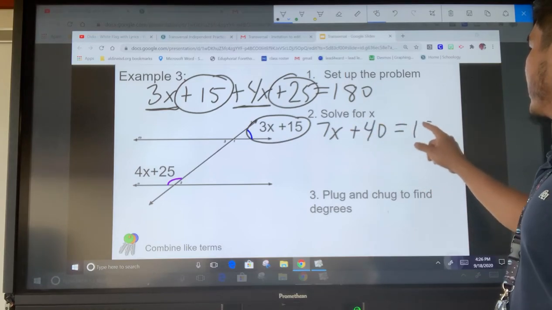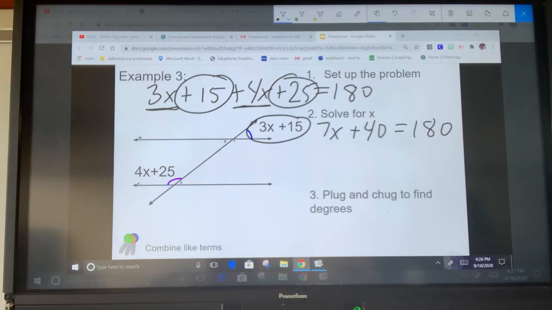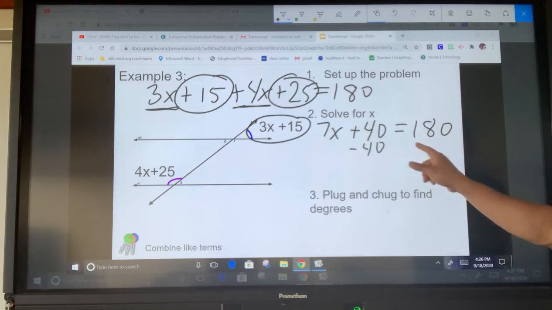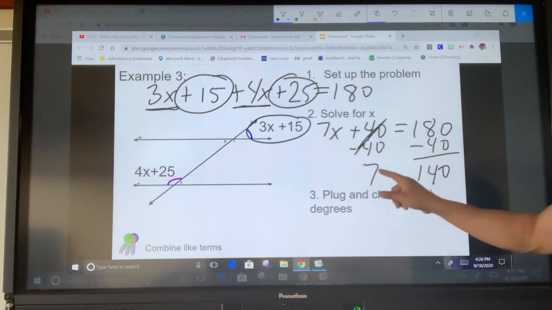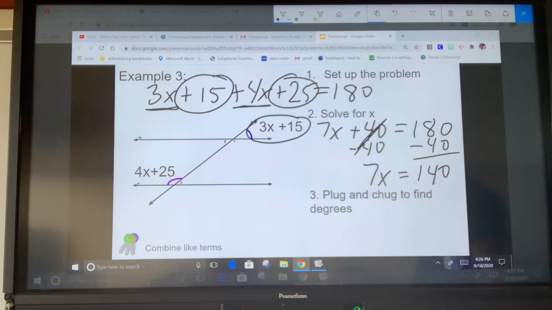And that equals 180. Here, you just solve for x like we've been solving for x. Minus 40, minus 40, equals 140. It's going to be 7x equals 140. Divide by 7, and you get x will be 20.